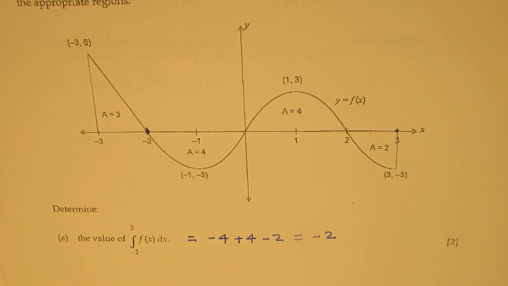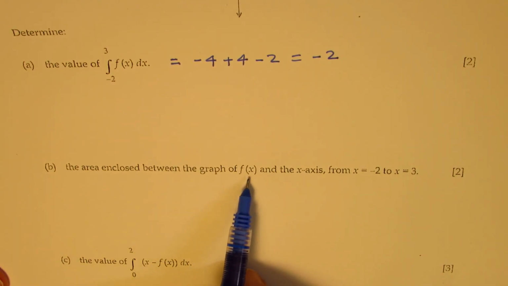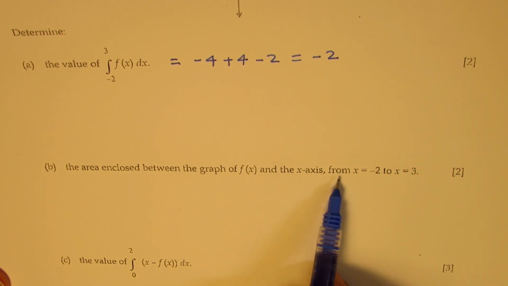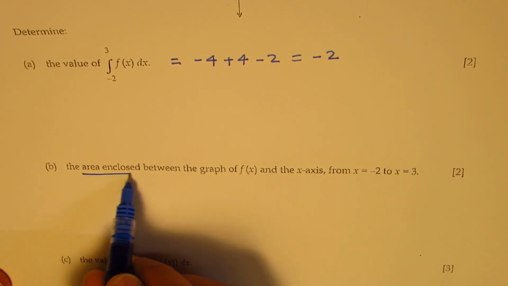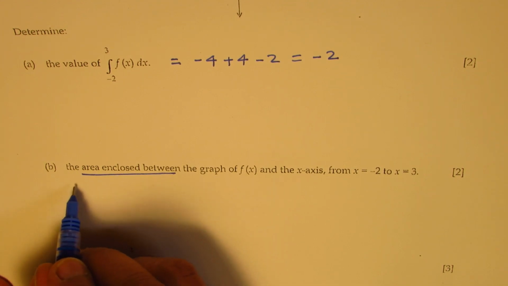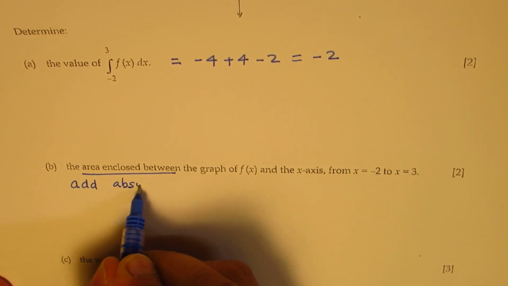The next one is part B, which is the area enclosed between the graph of f of x and the x-axis from minus 2 to 3. Now we are talking about area enclosed. When we say area enclosed, you have to add absolute values, right?